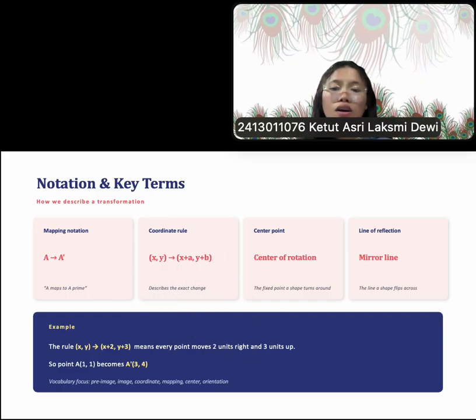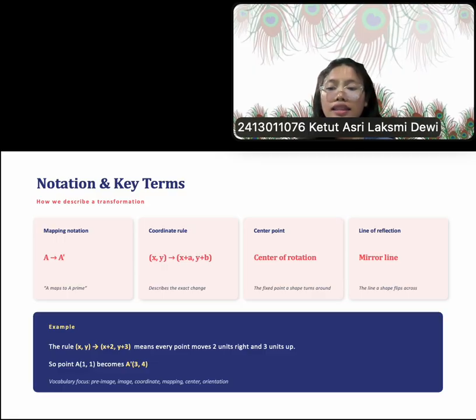Second, we can use a coordinate rule such as (x, y) maps to (x + a, y + b), which tells us exactly how every point moves. We also need to understand two more important terms. The center of rotation is the fixed point that a shape turns around, and the line of reflection is the mirror line that a shape flips across.